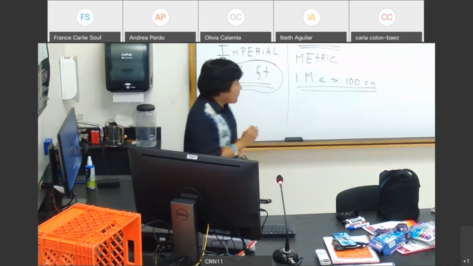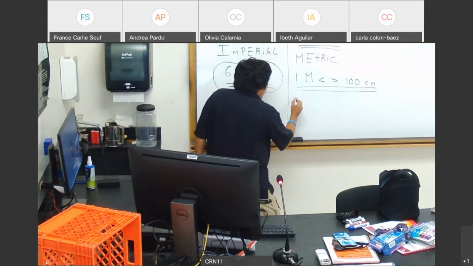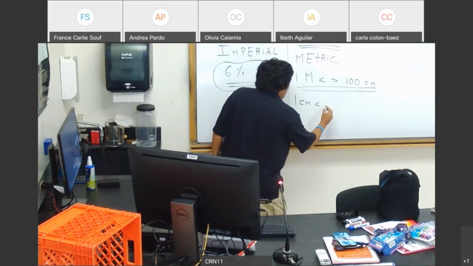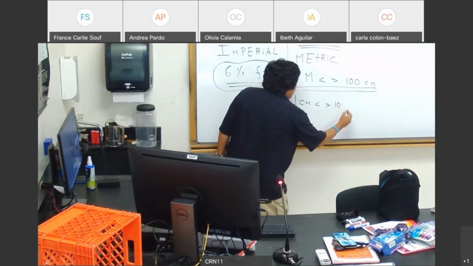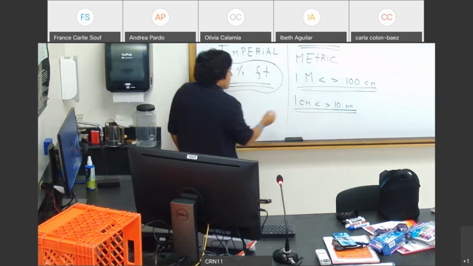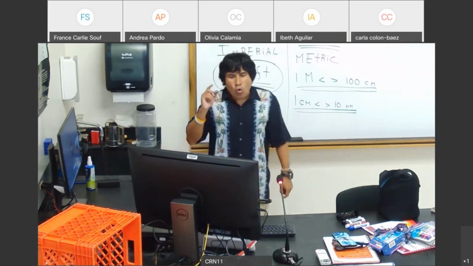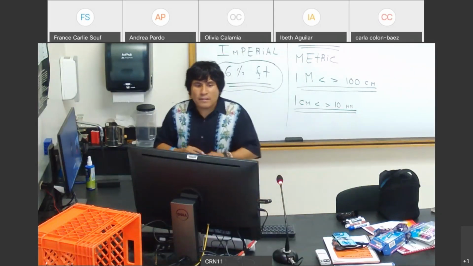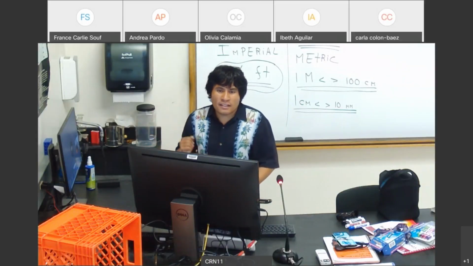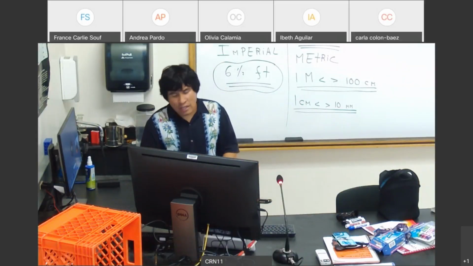So 1 centimeter is equivalent to 10 millimeters. So 1 centimeter can be divided into 10 equal parts. Each part is a millimeter. And you also have that in there.